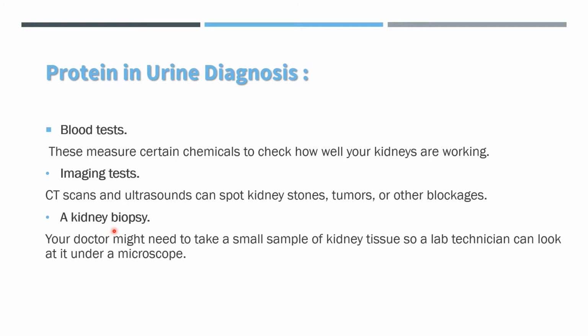A kidney biopsy: a doctor might need to take a small sample of the kidney tissue so a lab technician can look at it under a microscope. So in a kidney biopsy, a small sample of the kidney tissue is taken and then it is examined under the microscope, and hence we can diagnose proteinuria by biopsy too.